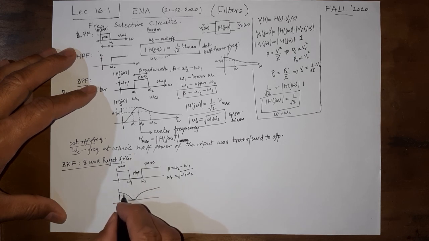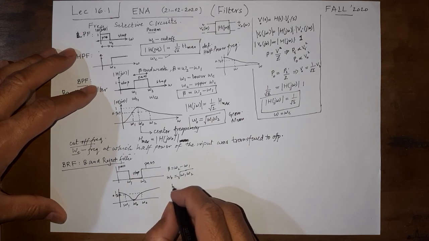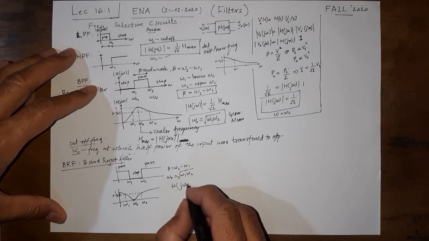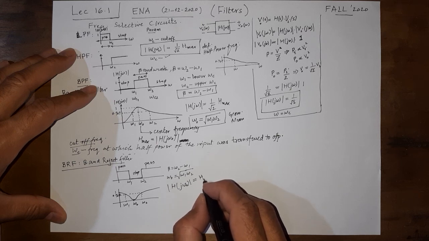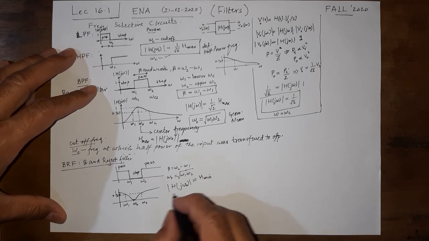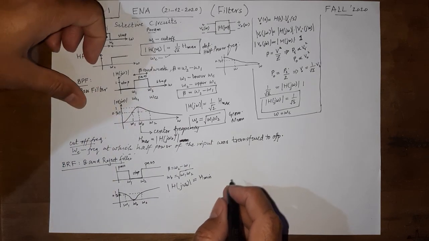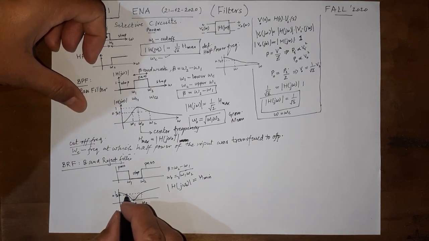So we are going to take these frequencies where we will find the max value, and then the 0.707 of the max is what is going to give us omega 1 and omega 2, and omega naught here is the frequency at which h of j omega is equal to h minimum. In most cases it is 0, and this will be the bandwidth.